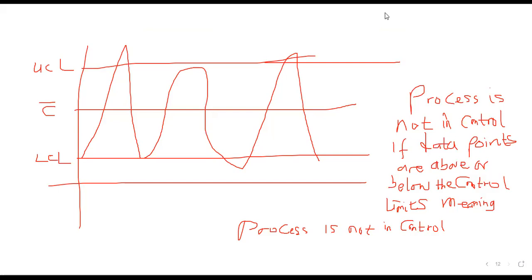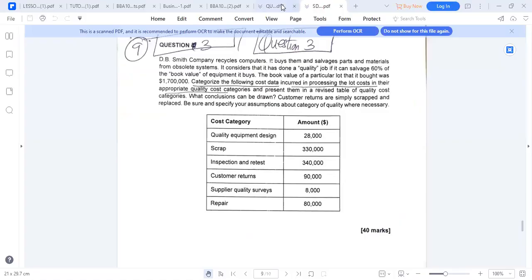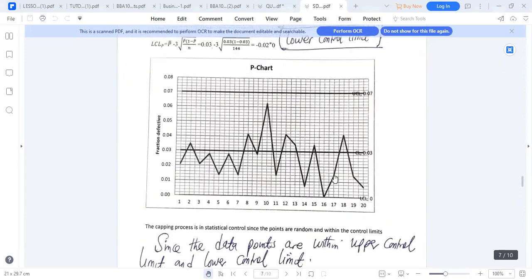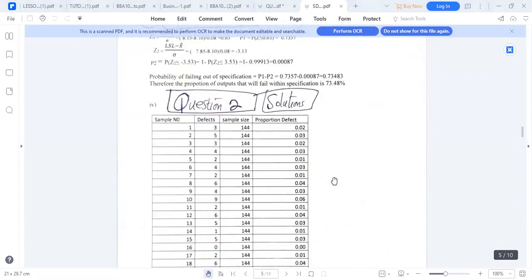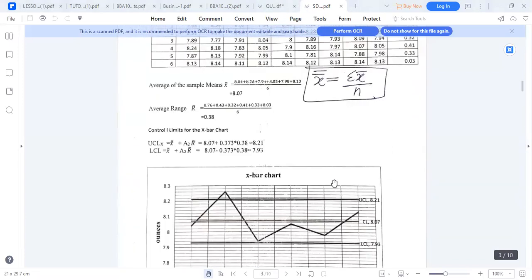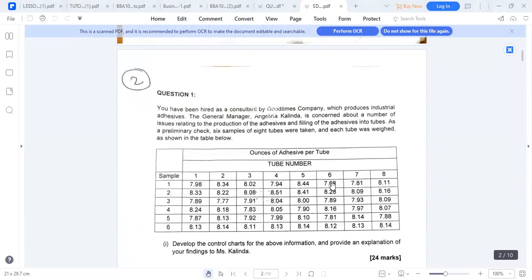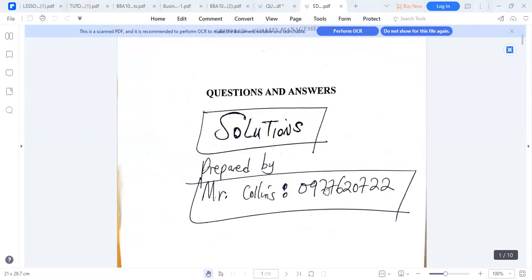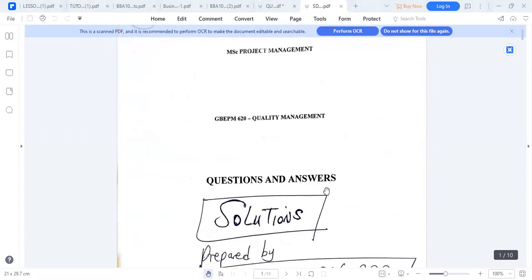So under the control charts, we can look at this example. You have been hired as a consultant. This one is just about quality control, quality management, the GBE PM 620.